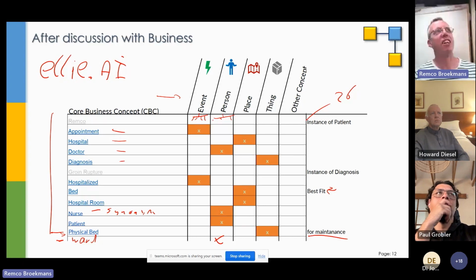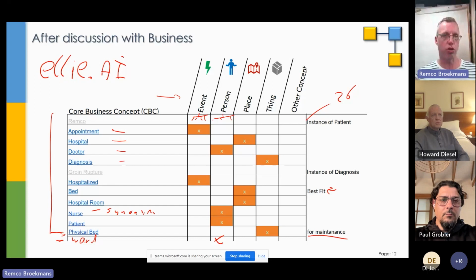I think generalization and abstraction is definitely the big benefit: reusability, and it's easier for tech people to store data without changing the data model. If I'm just modeling person instead of patient, doctor, nurse, and ward, I'm going to generalize.